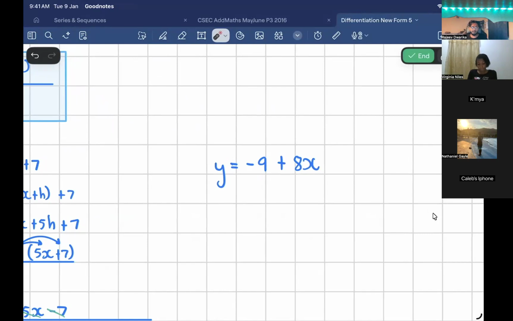So instead of minus 9 plus 8x, just write 8x minus 9, and you get true.